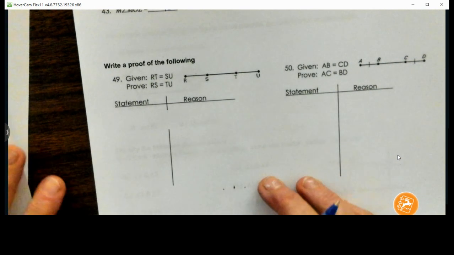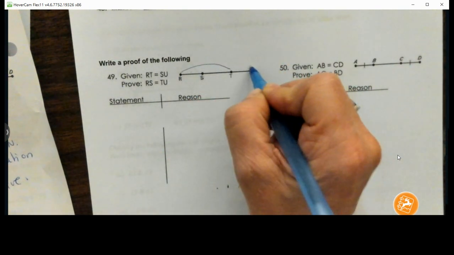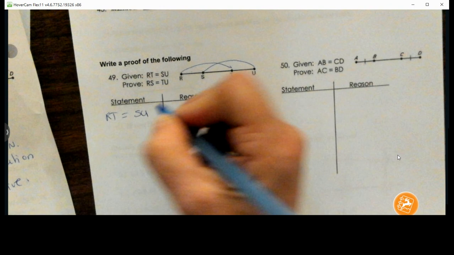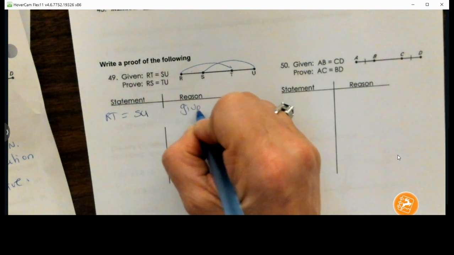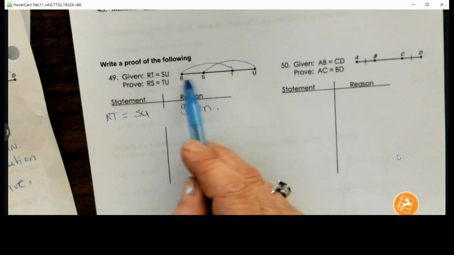Let's do the next one. Write a proof of the following: RT and SU. RT is equal to SU, that's given. RS plus ST. So we're going to take this and split it up into two parts.